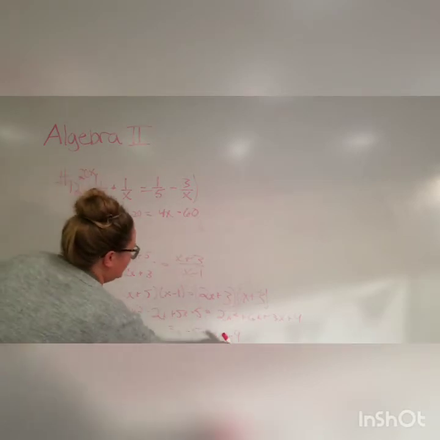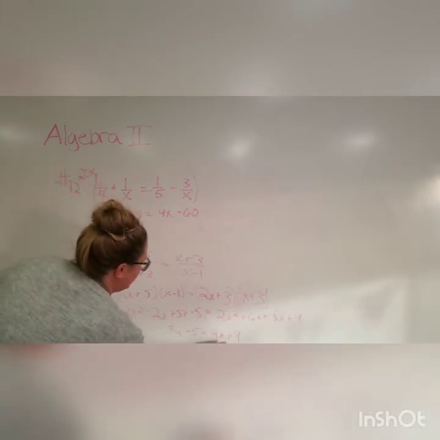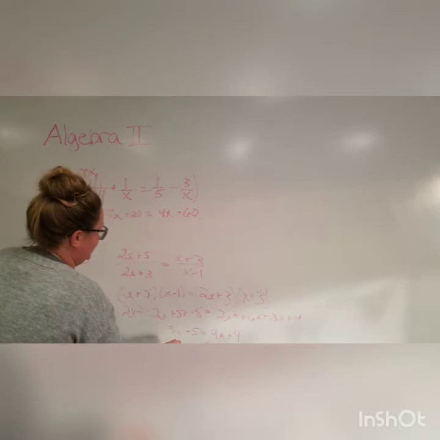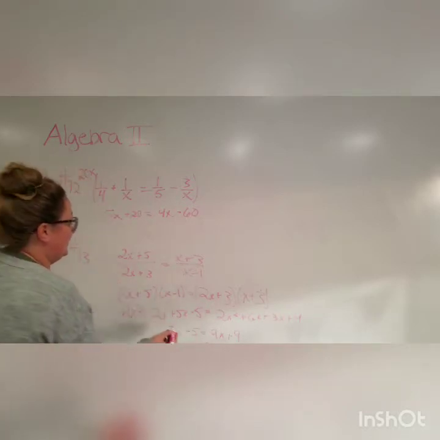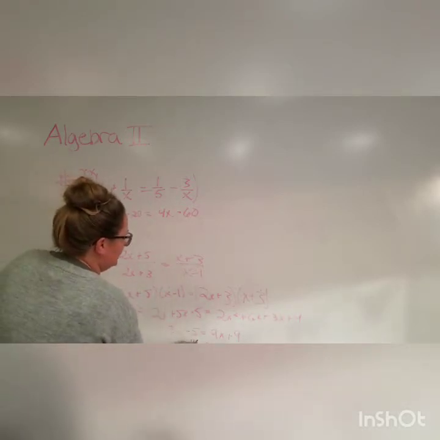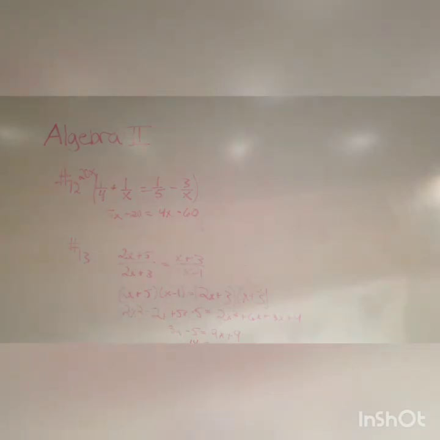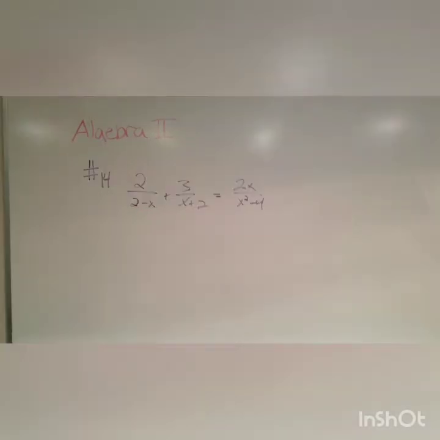You're going to go 9 minus 3 over here, which gives you 6x, and negative 5 minus 9, which is a negative 14. Negative 14 divided by 6 is your answer. Negative 14 over 6 reduces to negative 7 over 3.